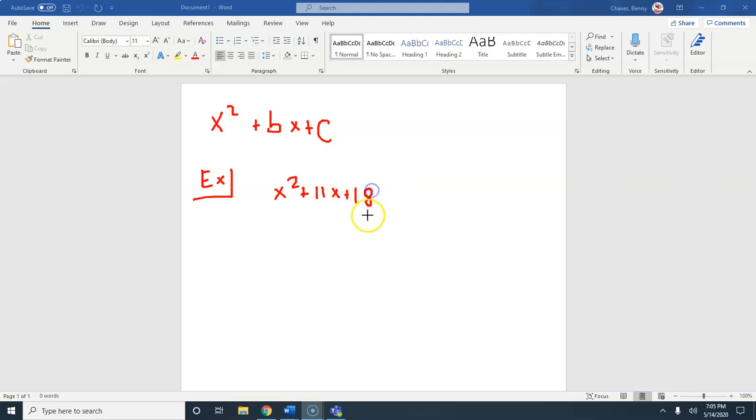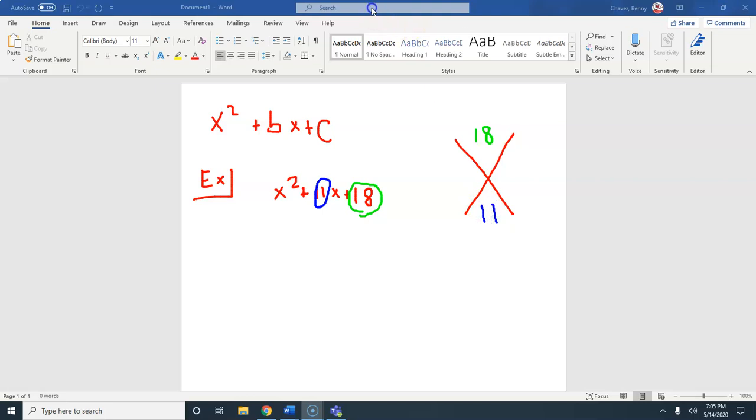Now, the key to factoring this is looking at the last term and the middle term. So this term and this term, especially the number. What I like to do is create an x, and I put this number at the top and the middle number at the bottom.